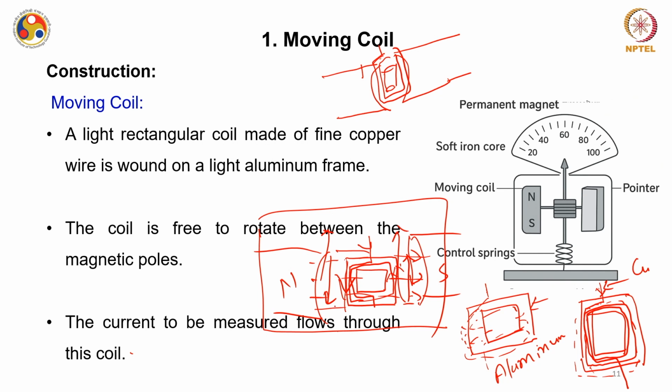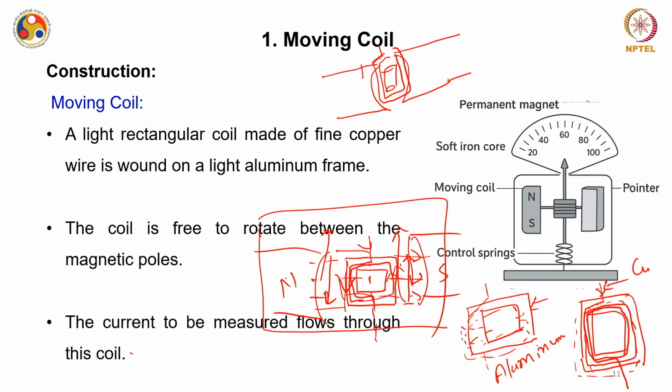Because of this difference in the experienced force, this coil will start rotating, because it is hinged at this point, and basically what you are exerting is a torque. Of course, we will derive this torque equation and other things in the coming weeks. So the construction is like this, so that you have this coil moving in this magnetic field when a current starts flowing through it.